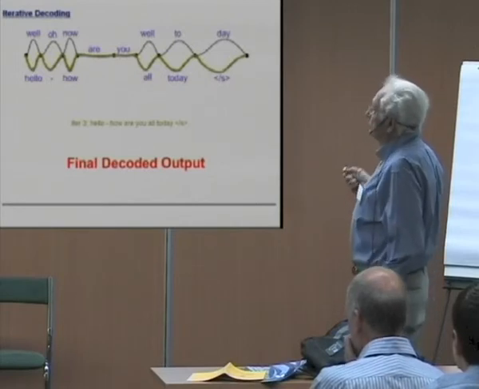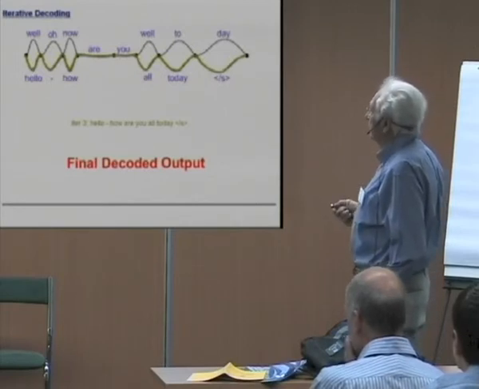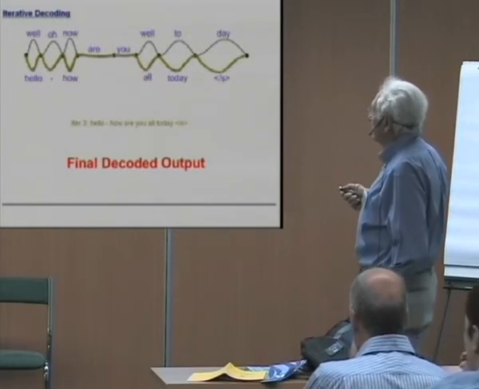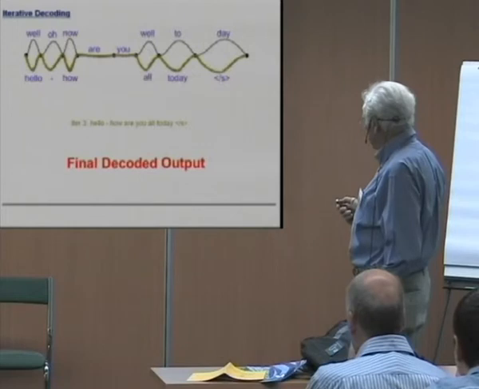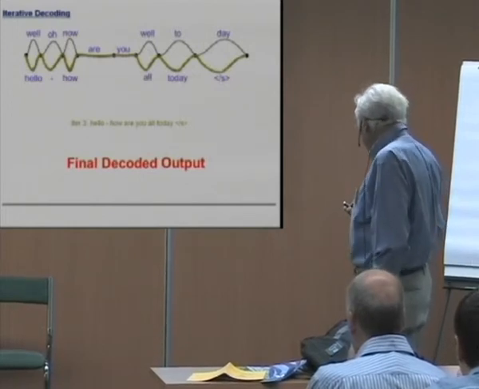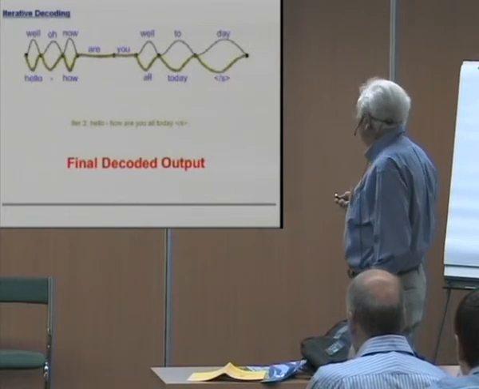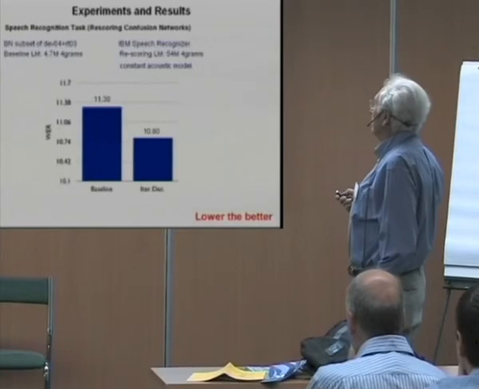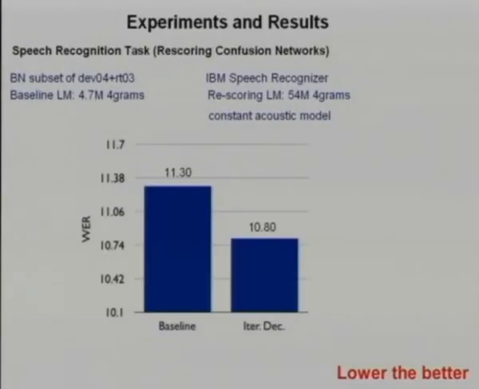All right, so in this particular toy example, it turns out that the best sentence of the iterative decoding is the sentence, hello, how are you today? So that's the end of iterative decoding, the most primitive way, which is what I'm talking about here.